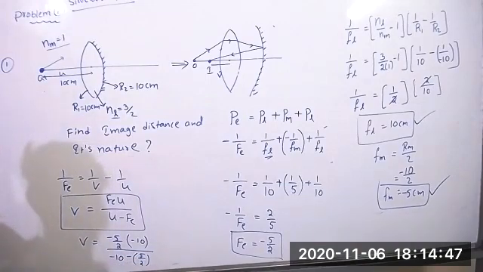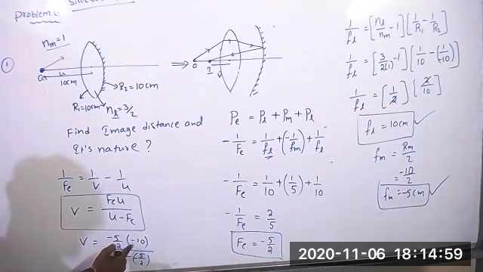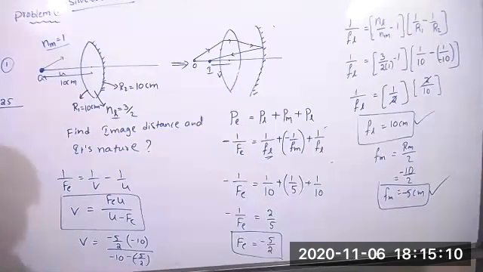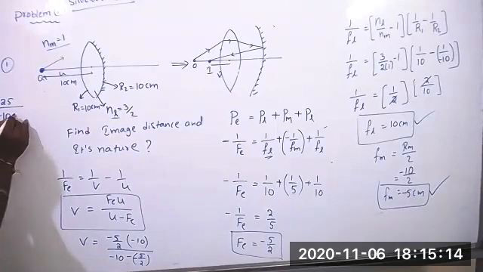Minus of minus. Solve this. So V equal to 2 5 times, so minus 20, so 25 by minus 10 plus 5 by 2.